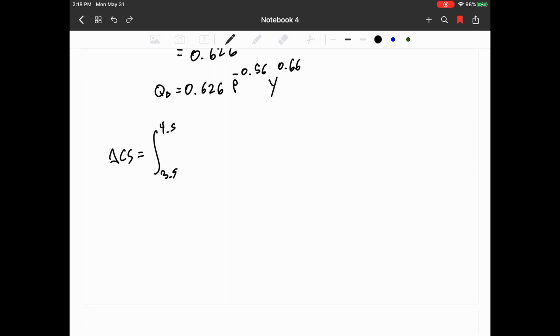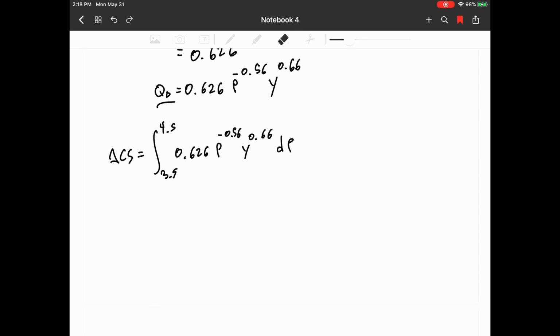And then we're just going to use our demand equation and integrate over price. So we have 0.626 times price raised to the 0.56 times y raised to 0.66, and then integrate over price. And here I'm using p because we don't have p in the limits of the integral.